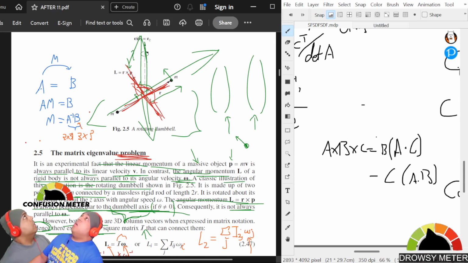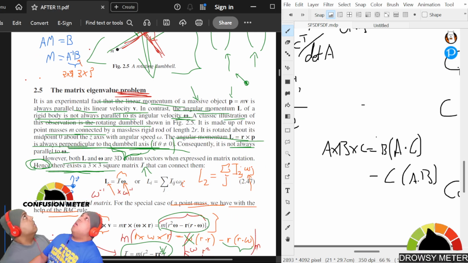Angular momentum L equal r cross p is always perpendicular to the dumbbell axis if theta is not equal to 0. Consequently, it is not always parallel to omega.